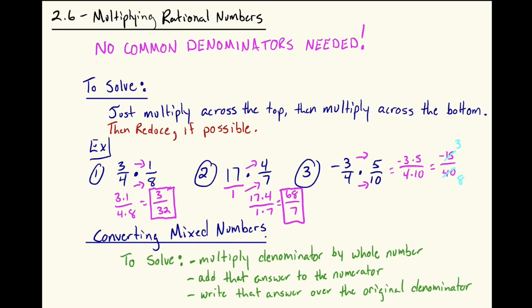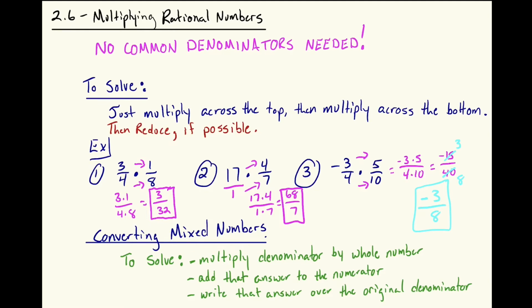So that gives me a final answer of -3, because the negative is still there, over 8. And that's our final answer. Again, that is the process for all multiplication of fractions. That includes mixed numbers, regular fractions, and improper fractions.